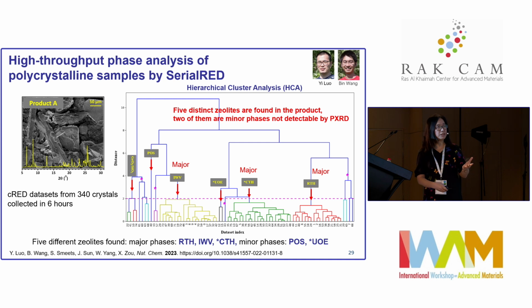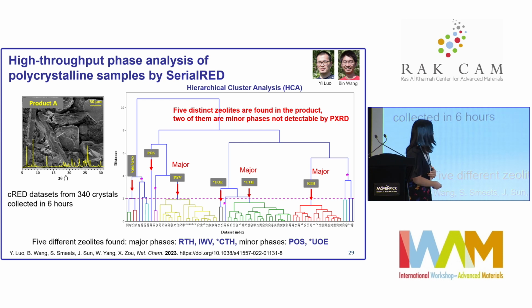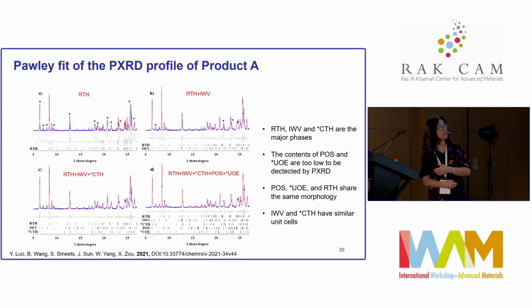Actually, this sample was synthesized already in 2015, before zero red was developed. In 2018 we started work with this sample and found out there were actually so many phases, and so many different new zeolite structures.